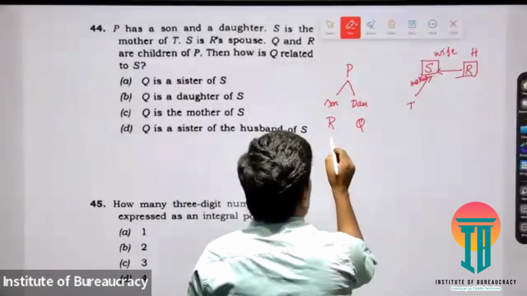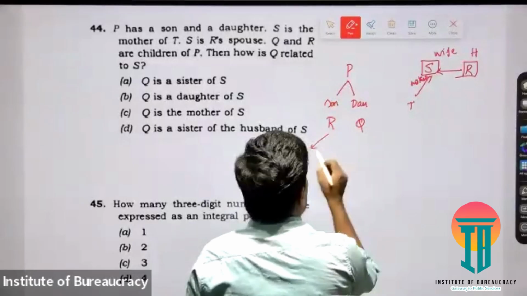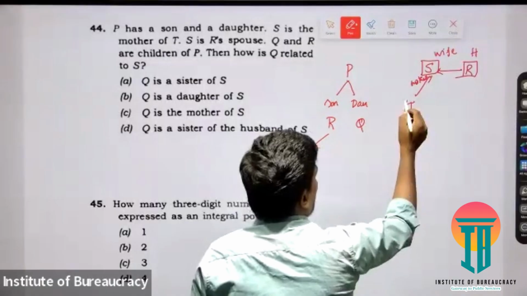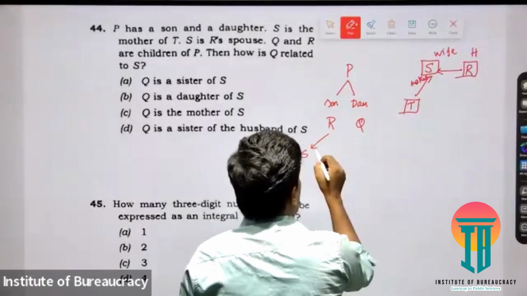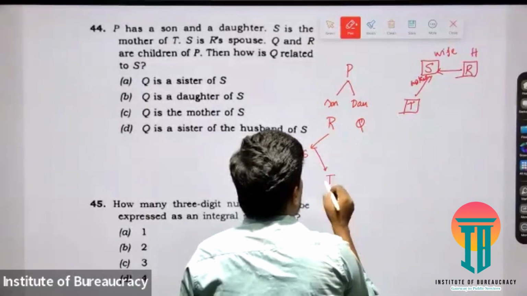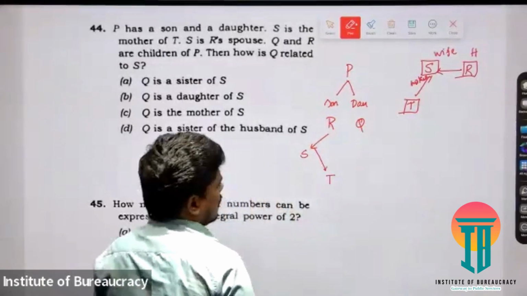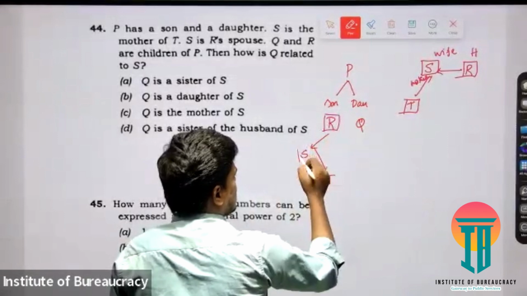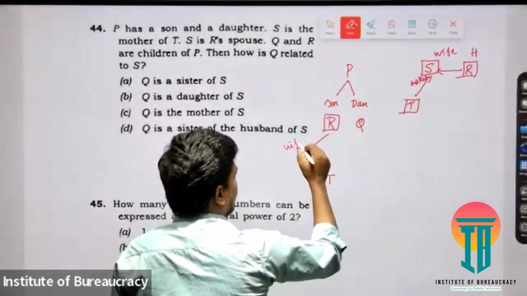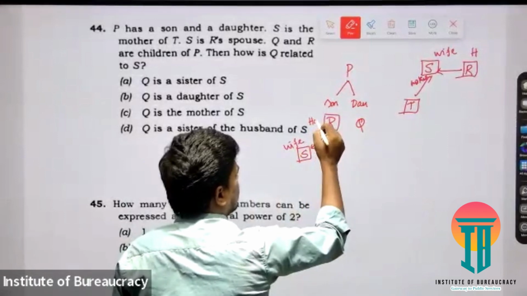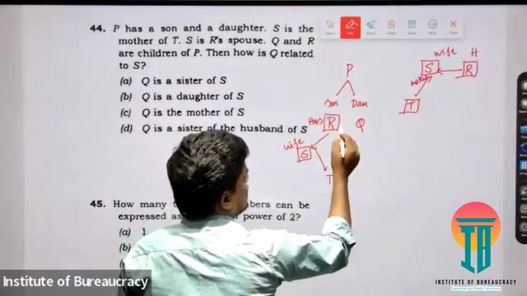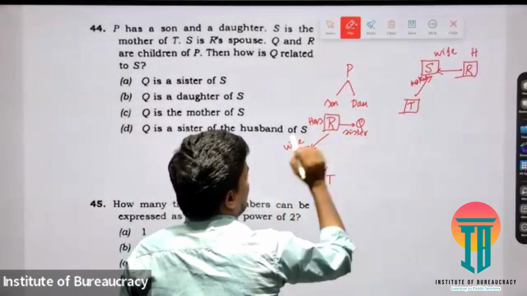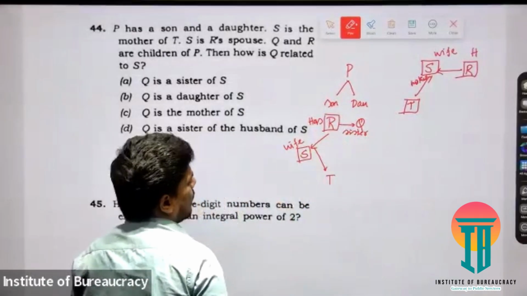So for this R, the wife is going to be S. And we don't know about the gender of T. So T is going to be the son or daughter, we don't know. So R and S are husband and wife. And Q is what? Sister of R. Okay.